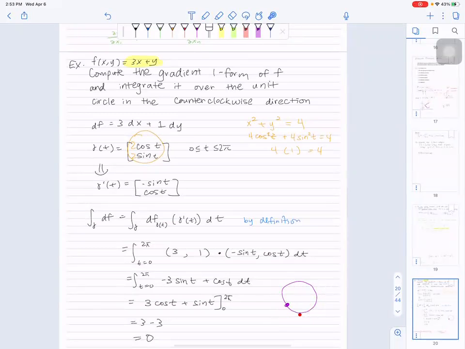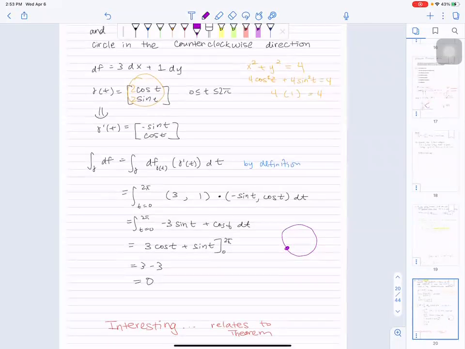Is that the case if it was a closed loop? Yes. But if it was not closed, then you can't just say it's 0. It might be something else.